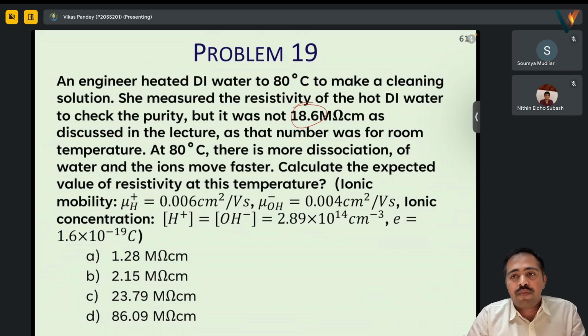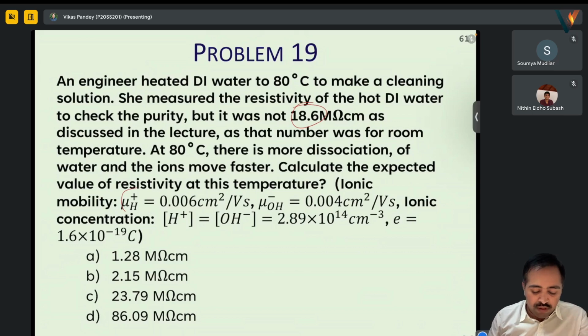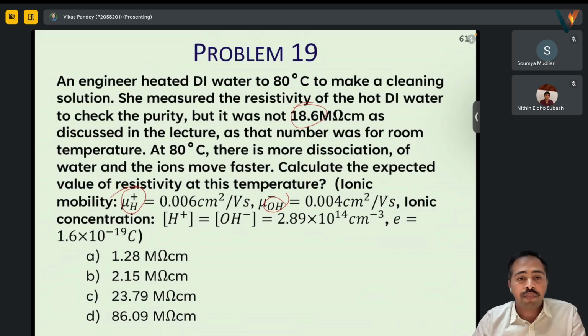So the dissociation of water will happen into H plus and OH minus, right? They have different ionic mobilities of 0.006 centimeter square per volt second and 0.004 centimeter square per volt second, as well as an ionic concentration of 2.89 into 10 to the power 14 per centimeter cube for both.